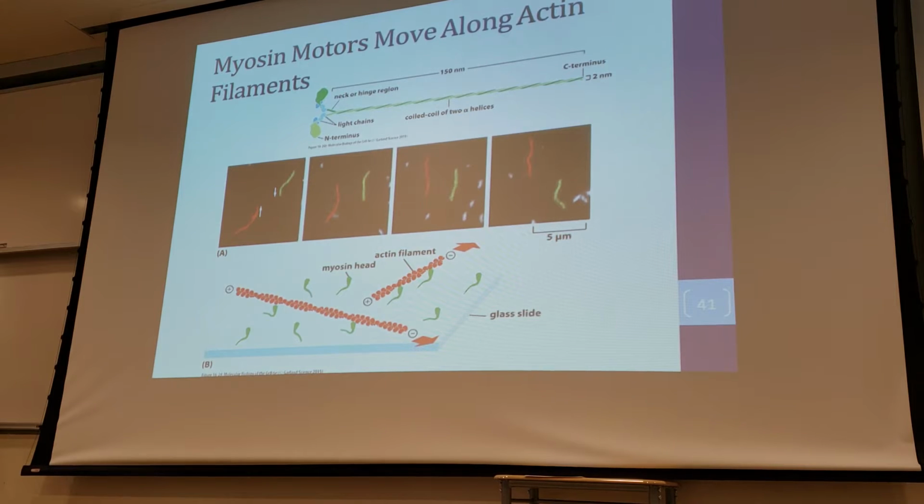Myosin is one that interacts with actin, and it's a plus end directed molecule, so that means the myosin protein is moving towards the plus end of the actin molecule. And so myosin is this really long stretch, and then there's a different domain of the myosin, which we call the myosin head, and this is actually where it connects to actin.